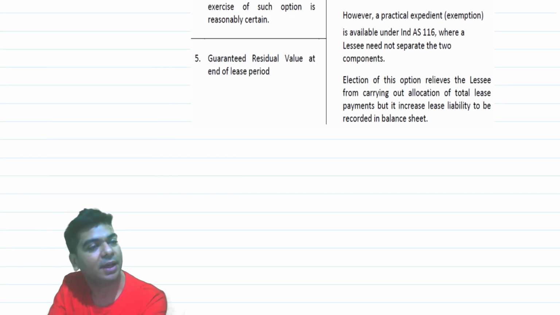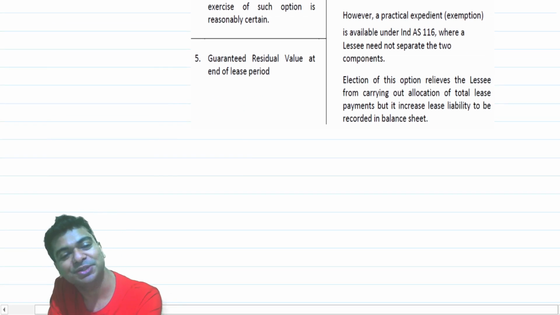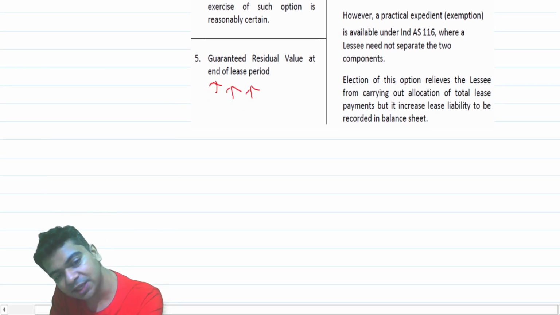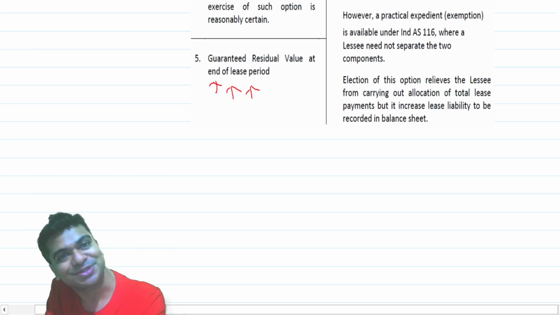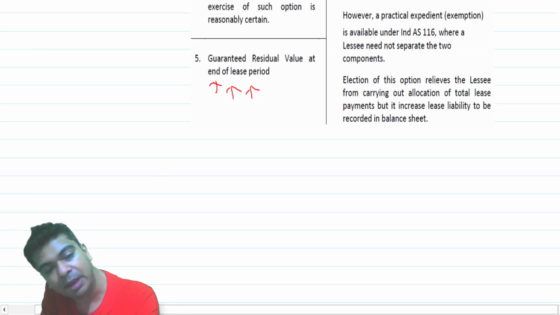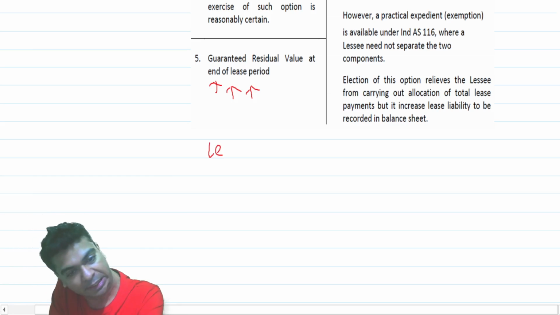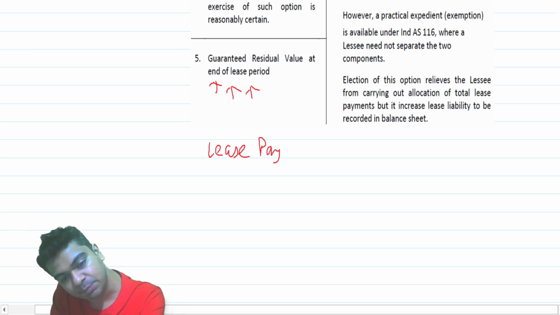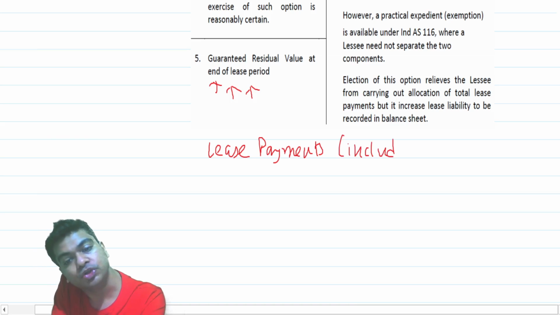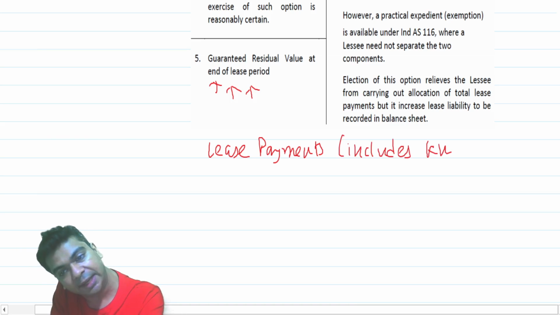But look at the last item. Look at the last item. See, just read it. Yes, guaranteed residual value. You get my point. What I am trying to say is that when you calculate lease payments, it includes guaranteed residual value.